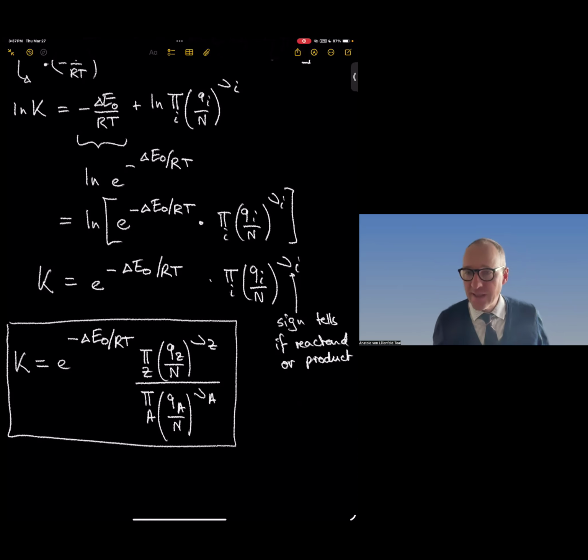Then you have the same partition functions in the numerator as in the denominator. And then your equilibrium constant is 1 and nothing happens, right? And any distortion then drives you away from 1 to be larger or smaller, depending on what's favorable.